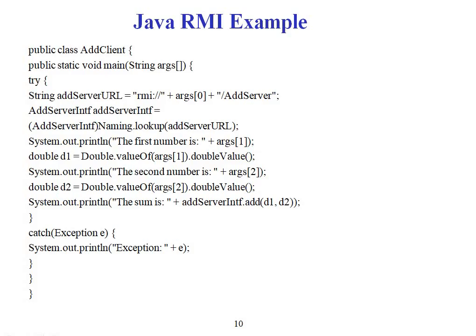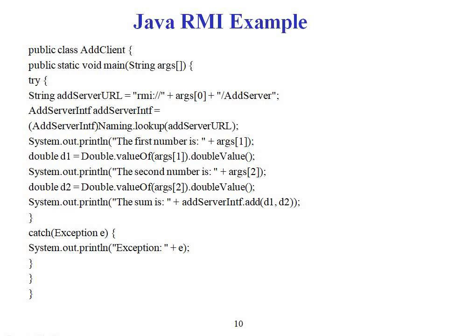This method accepts one argument, the RMI URL, and returns a reference to an object of type AddServerIntf. All remote method invocations can then be directed to this object. The program continues by displaying its arguments and then invokes the remote add method. The sum is returned from this method and then is printed.